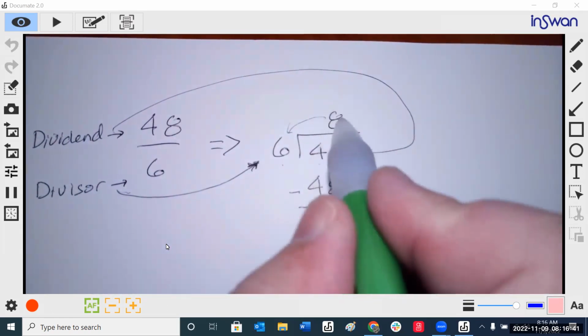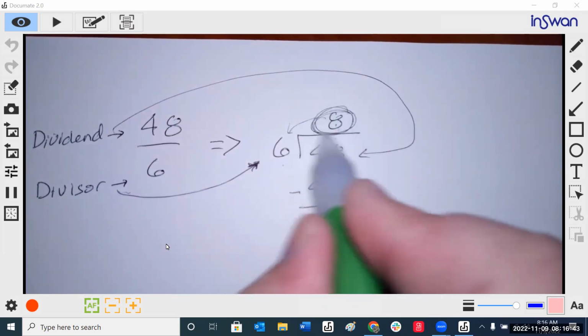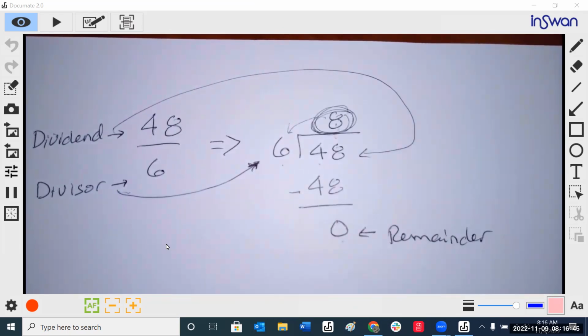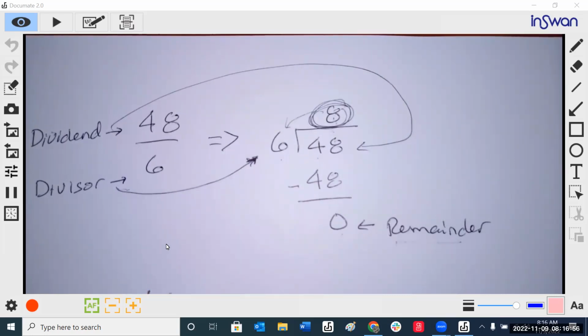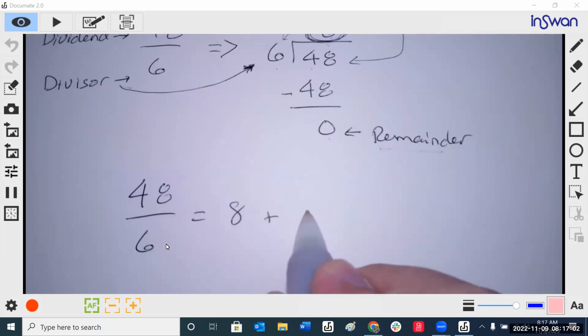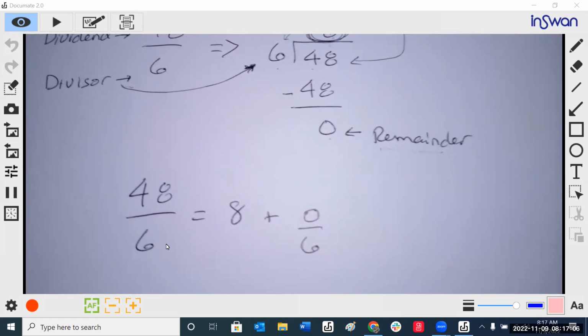So what do you call this number here? There's a remainder. Basically, what we have here is 48 over 6 equals 8. Oh, I'm sorry, 8 plus 0 over 6. This is really what it looks like.